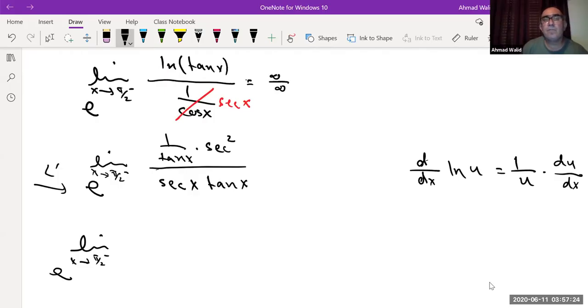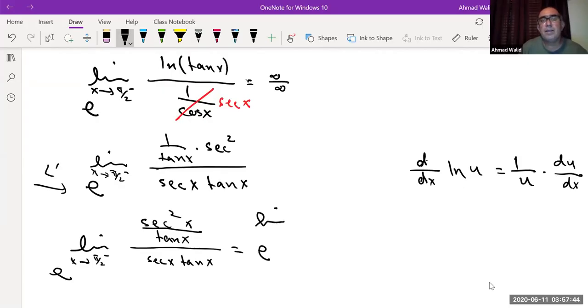Instead of 1 over tan x times secant squared, you can write secant squared x over tan x, all over secant x tan x.